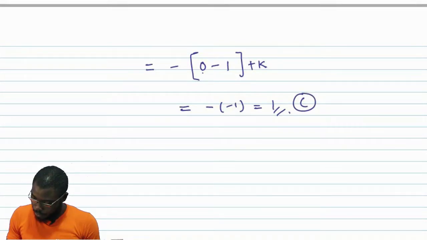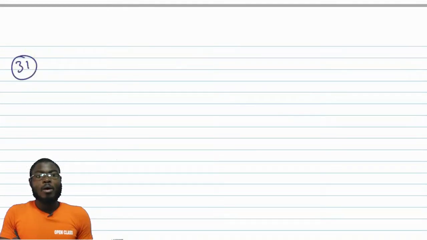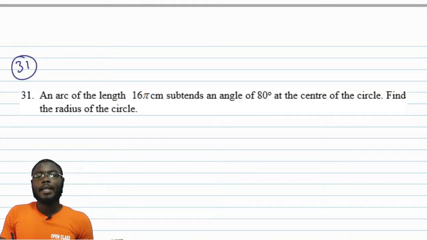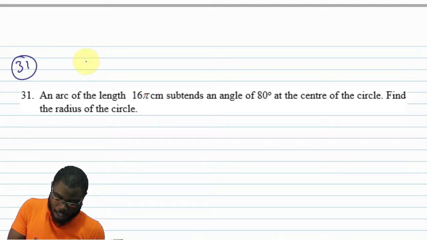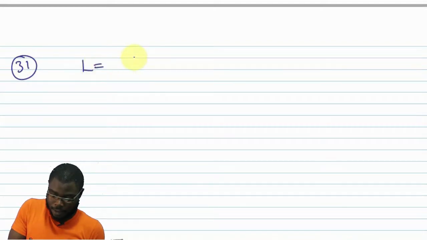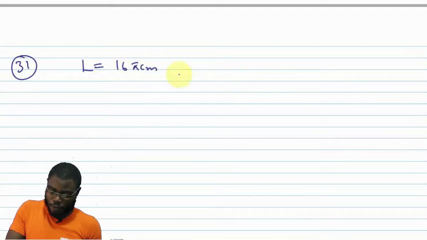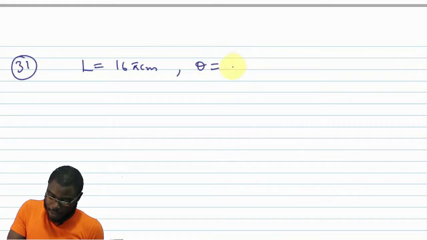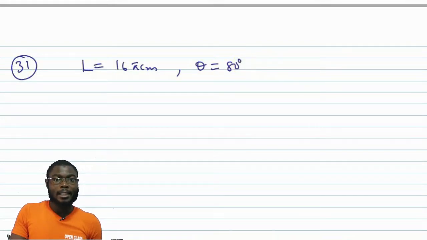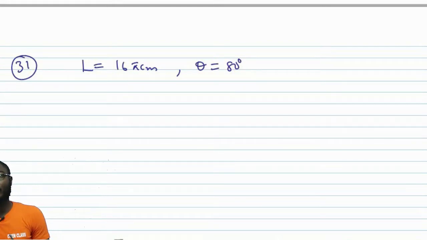The next question, question number 31. We have an arc of length 16 pi centimeters that subtends an angle of 80 degrees at the center of the circle.